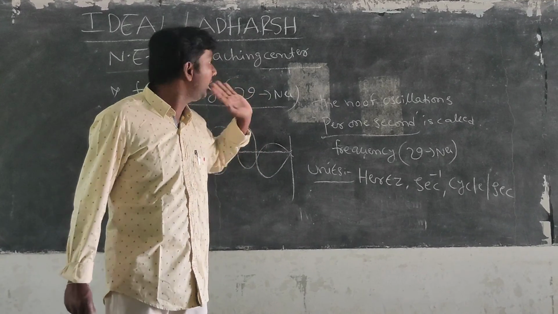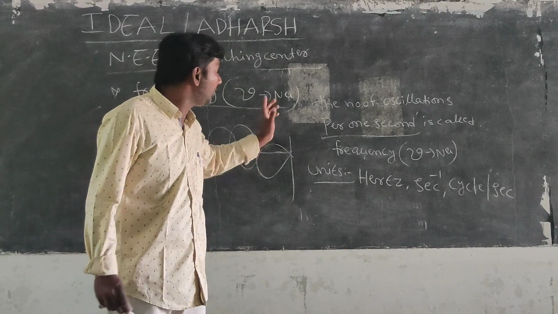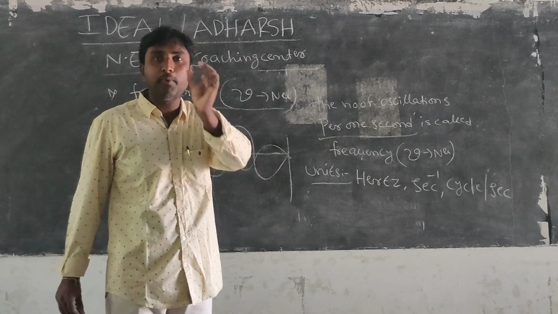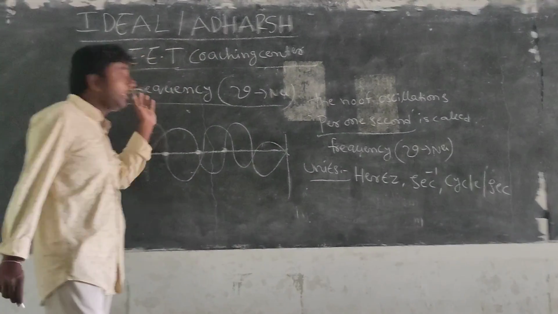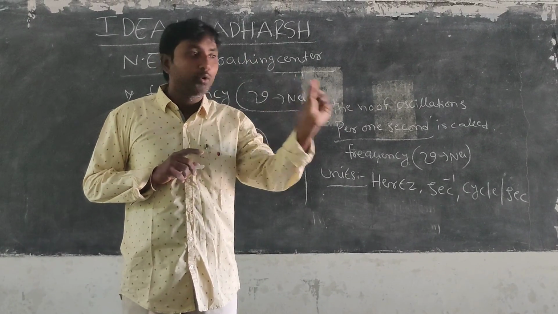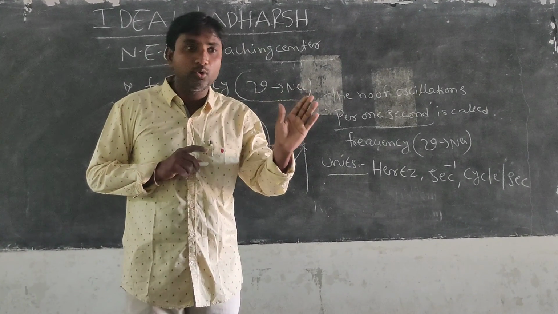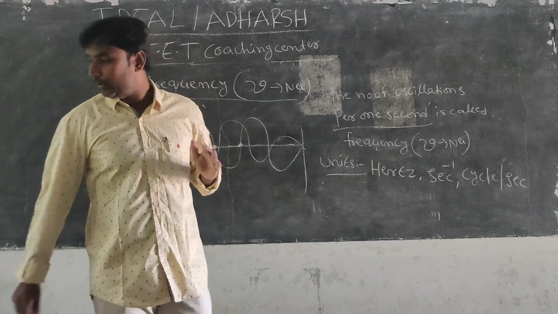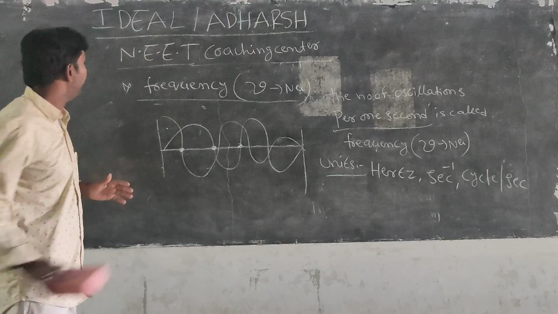What is frequency? The number of oscillations per 1 second. Then what is wavelength? The distance between any two crests or any two troughs is called wavelength.